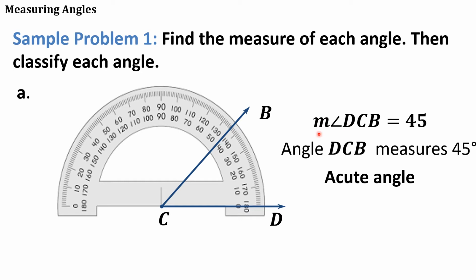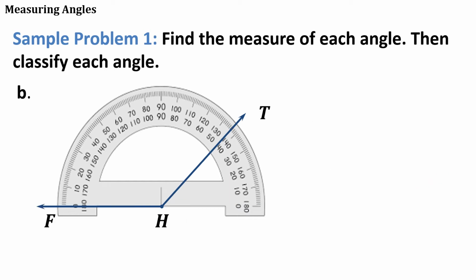The measurement of my angle DCB, and remember that the vertex has to be in the middle when you name that angle, is around 45 degrees. I'm just going to say around because this is a digital way to measure it. It is not exact, but if I were to measure it on paper, I can do an almost exact measurement. And that angle is going to measure less than 90 degrees, so it's going to be an acute angle.